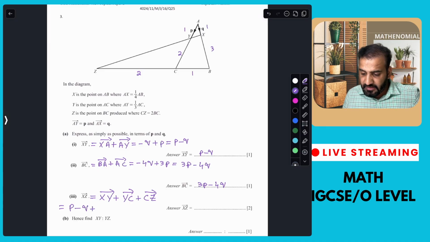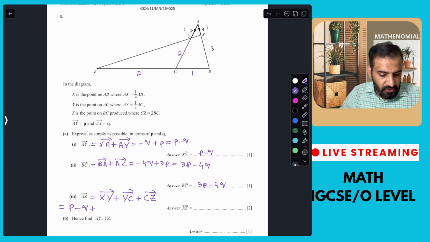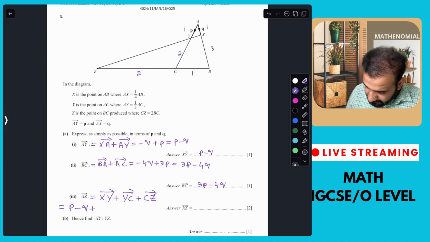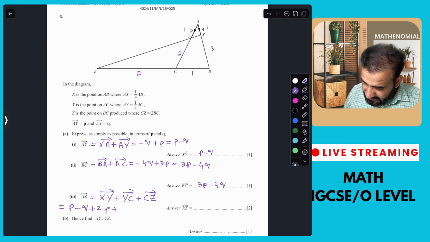What is YC? Students, can I say that YC is 2 times of P? If you look at the ratio 1:2, so can I say that it is just 2P? And what is CZ? Can I say that CZ is twice of BC?